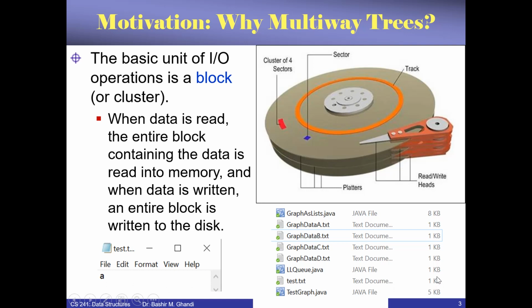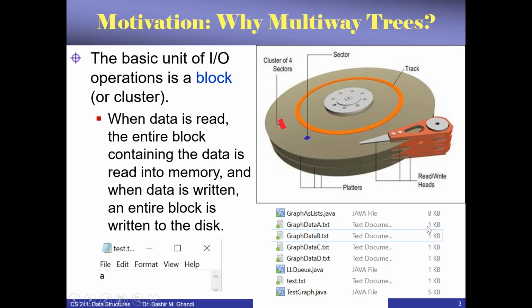Now, to show you the relationship with other files that you are familiar with, I have displayed here the files we just dealt with in the last session about graphs. For example, all the graph data files containing the information about the graphs are also only 1 kilobyte. You see, graph data A with 9 vertices and many edges, the whole of that file is also 1 kilobyte.